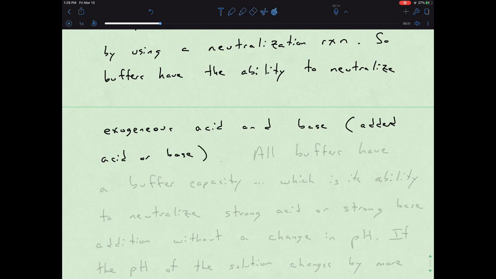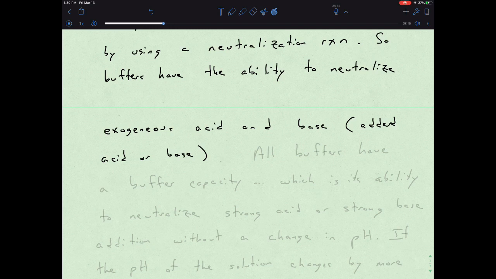Your cells are also buffered, and there's actually a lot of what they call proton waves or proton currents, where to help signaling of certain enzymes, the pH of the cell has to drop or raise in order to activate a certain process. However, that can lead to cell apoptosis or cell death.